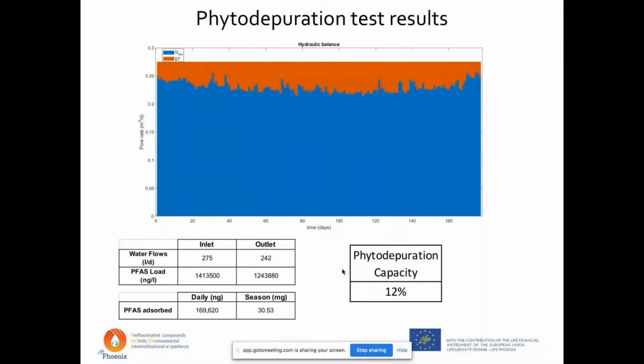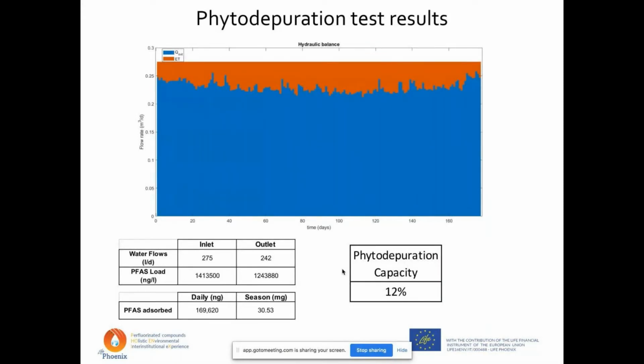We have seen that the mean PFAS load at the inlet, during the day, is about 1,400,000 nanograms per liter, and the outlet is obviously quite less.